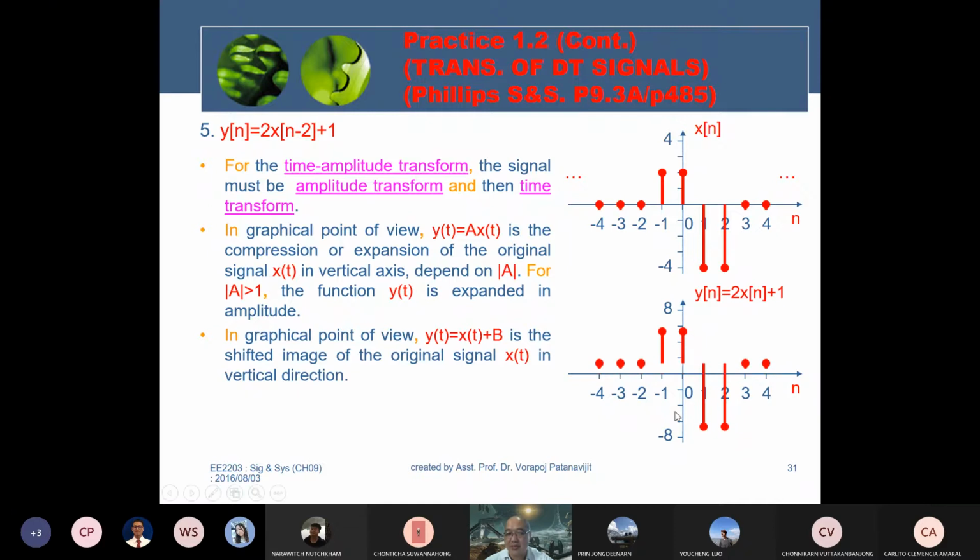You shift up every point by 1, because the form is already y(t) = x(t) + b. Comparing with the function given here, b equals plus 1. It changed from 0 to 1, and from 4 to 5. Then redraw them.